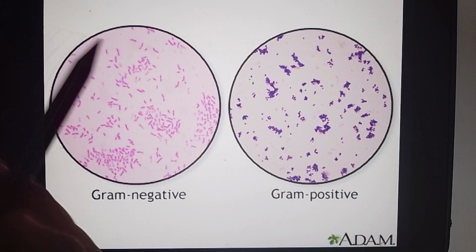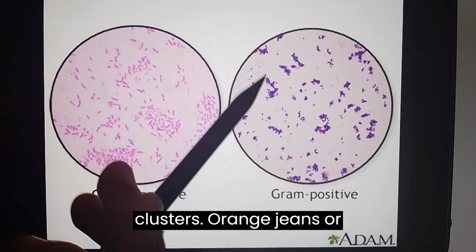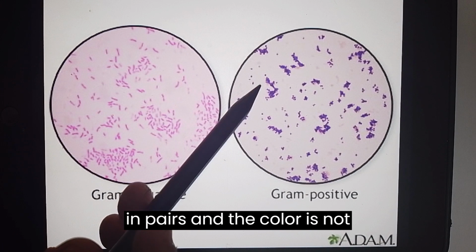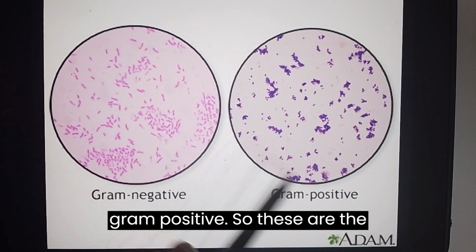But on the right side, if it's in clusters, chains or pairs and the color is not pink but purple, then it's gram positive.